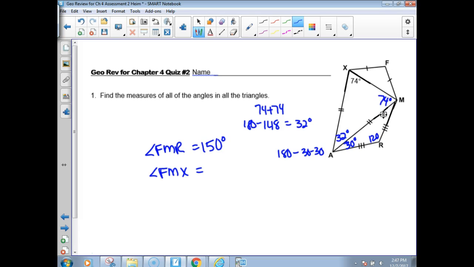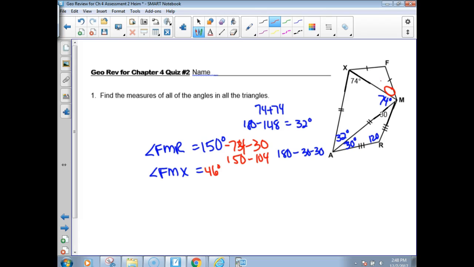FMR would be 74 plus 30 plus whatever's right here. So what you would do to find the angle that I'm asking you to find, FMX, right here, is you'd take FMR and subtract 74 and 30. Okay, that's 150 minus 104, and so that would come out to be 46.